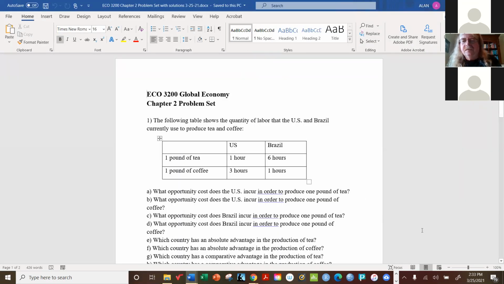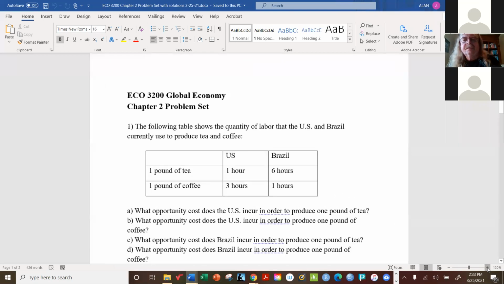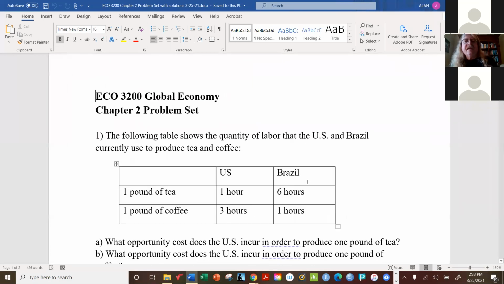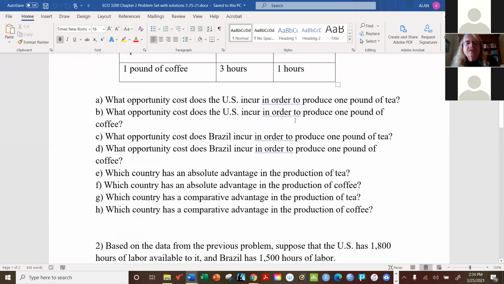Okay, now, what do we have here? So we've got a table showing us the quantity of labor used to produce coffee and tea.